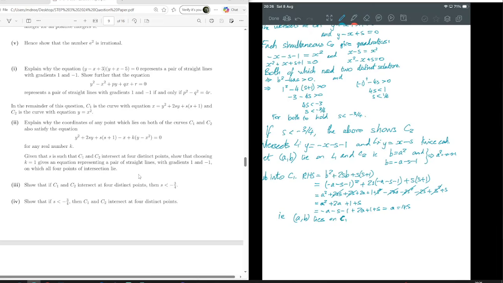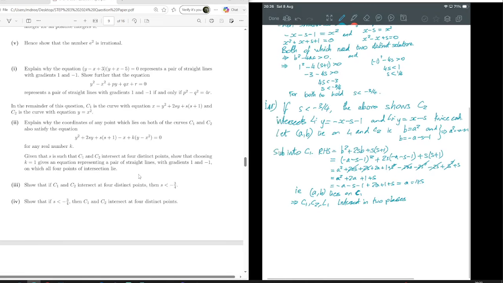So the two solutions of C2 and the two solutions of C2 and L1 also lie on C2. That means that C1, C2, L1 intersect in two places.